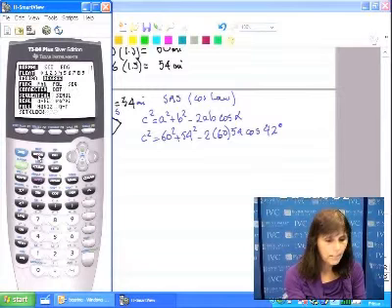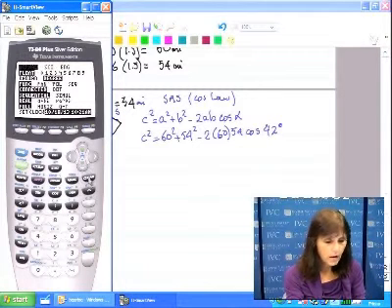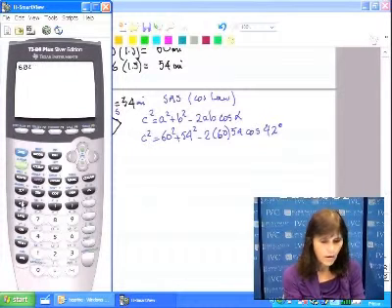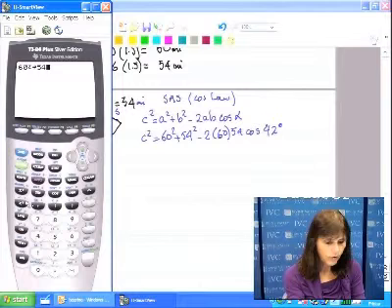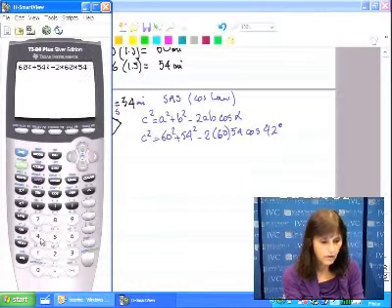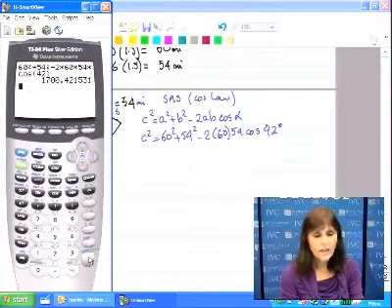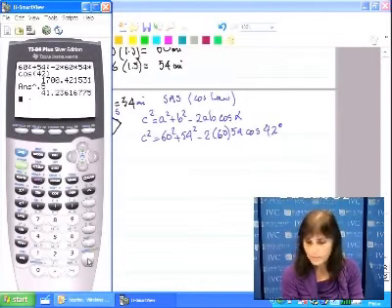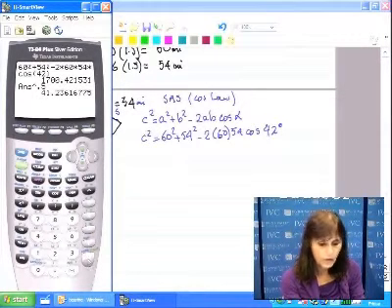I need to check that my mode is in degrees, perfect. 60 squared plus 54 squared minus 2 times 60 times 54 times cosine of 42 degrees. That is actually C squared. I need to take the square root, to the 0.5. That gives me 41.24.